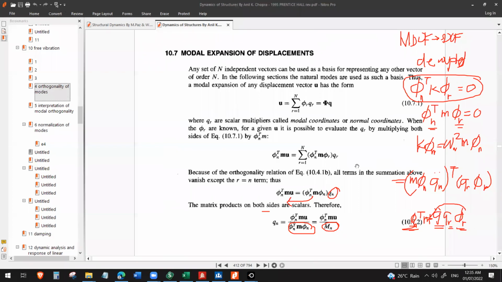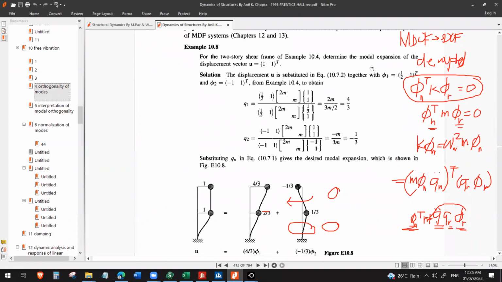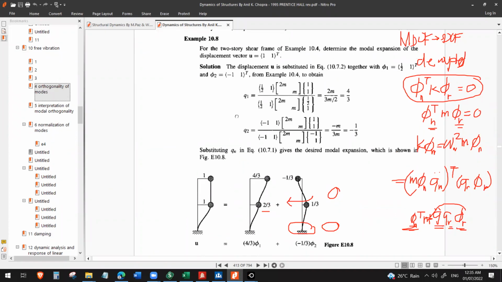So as a sample problem, given a two-story shear frame, determine the modal expansion of the displacement vector u. So for example, given the displacement vector, which is already physical, say that's an actual displacement of 1, 1.